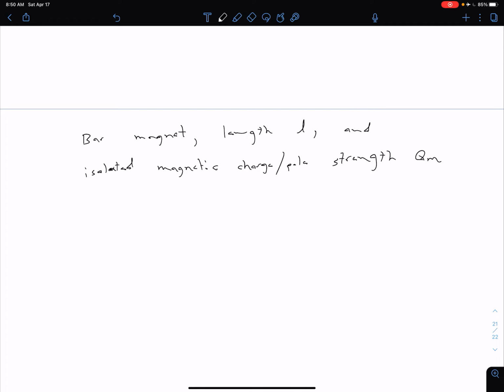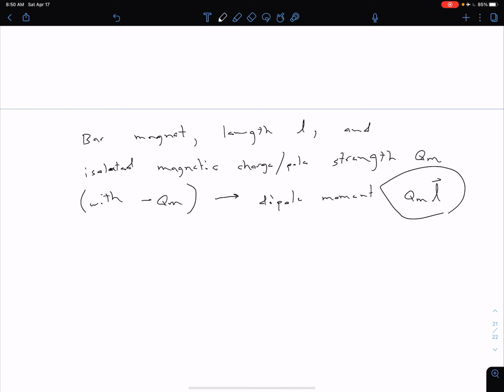Remember, we can't actually create a magnetic monopole, so that has to be accompanied by some minus Qm. Unlike with our electric dipole, we can never just have one of those, we have to have both. That's going to result in some dipole moment, which is just going to be Qm times L, where our L is going to be from south pole to north pole.